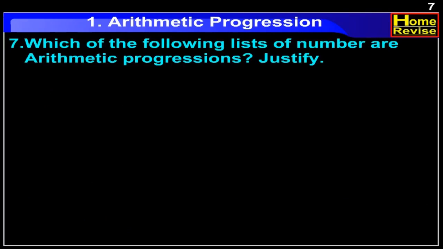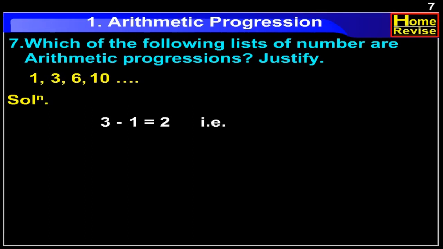Which of the following list of numbers are arithmetic progression? Justify. 1, 3, 6, 10 and so on. Solution. Here 3 minus 1 is equal to 2.